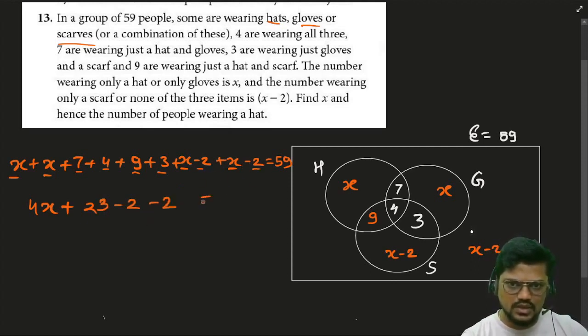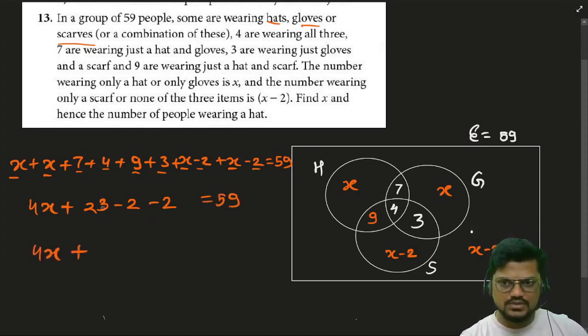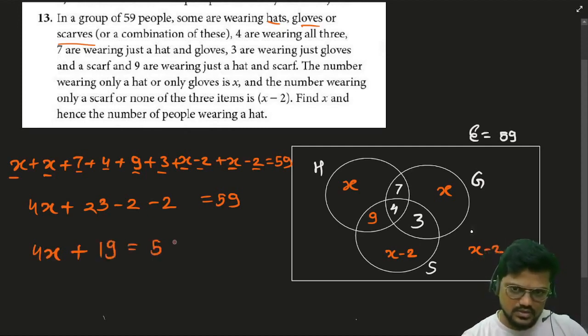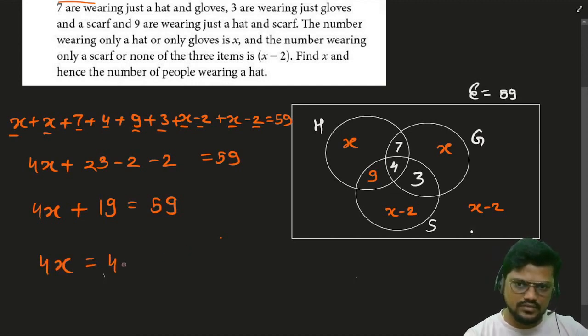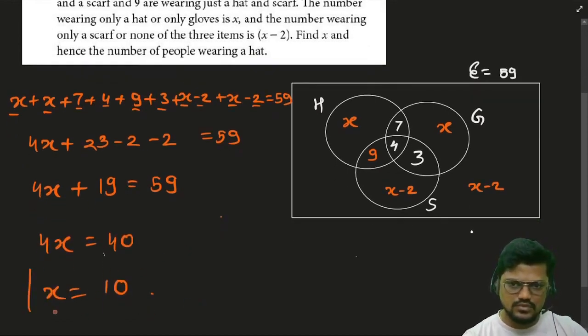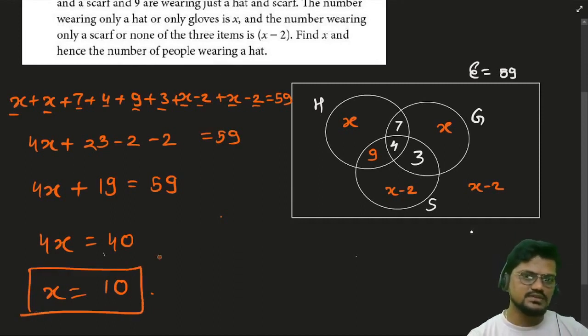So 4x plus 23 minus 4, that is 19, equals 59. So 4x equals 59 minus 19, which is 40. Then x equals 10. Got it? The value of x is 10.